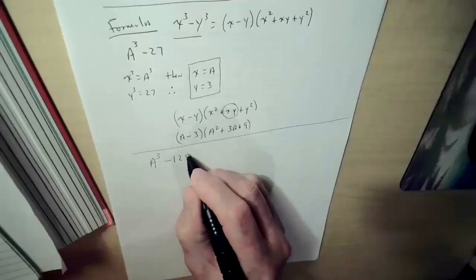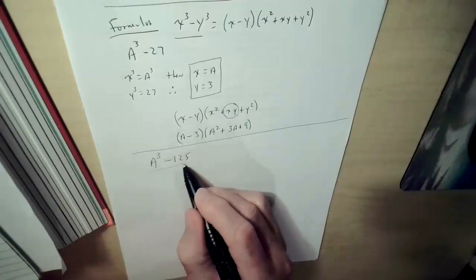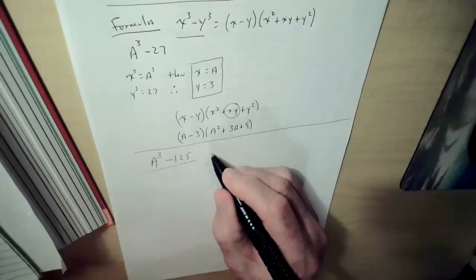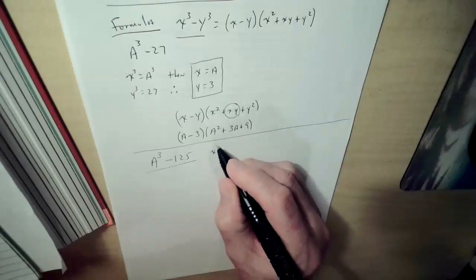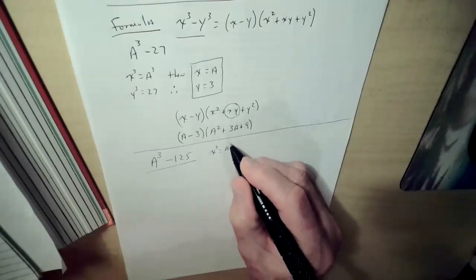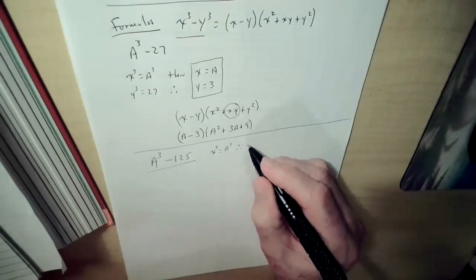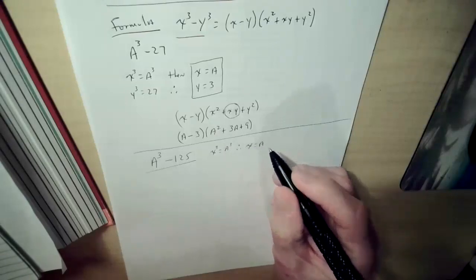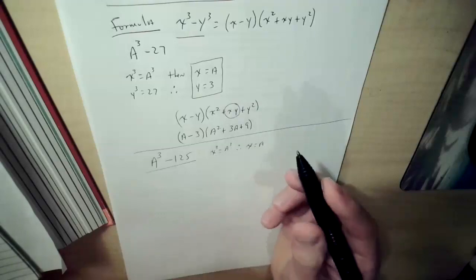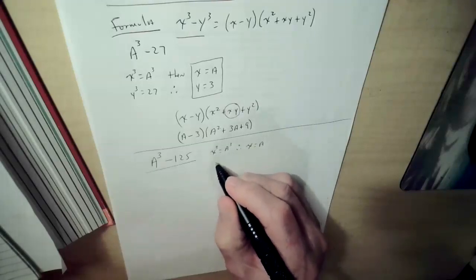Let's see if we can find another one. Okay, here we go. A cubed minus 125. So our x here is, x cubed is a cubed.